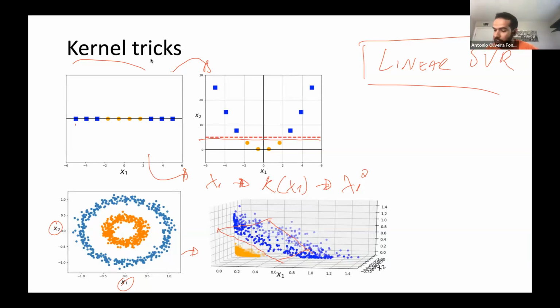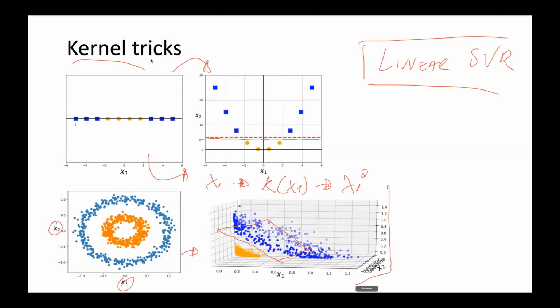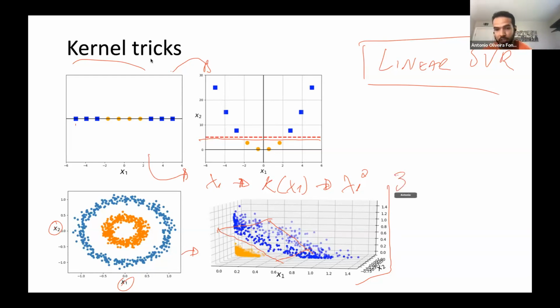And once again, what's the dimensionality of the hyperplane that I need in this new space? Someone said 2, I think. Yeah, the 2 is correct, because the dimensionality of this problem here is 3, therefore the dimensionality of the hyperplane that I need is n-1, which is 2. Perfect. Good.